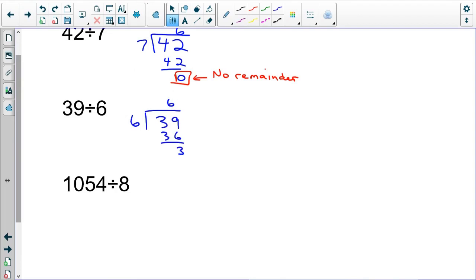But notice I have a remainder. I could write this as 6 and 1/2, or 6.5. And the reason for that is it is 6 plus 3/6. So the remainder gets written on top of what we are dividing by.